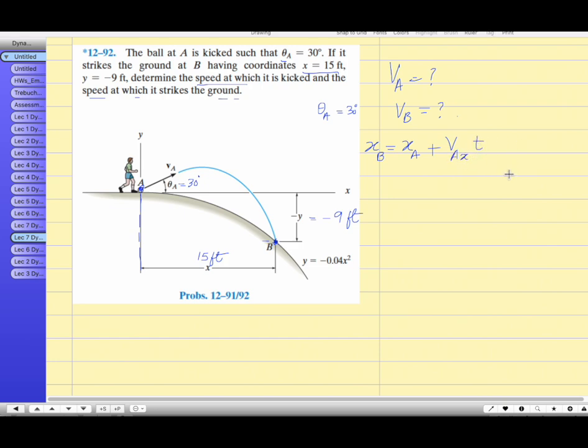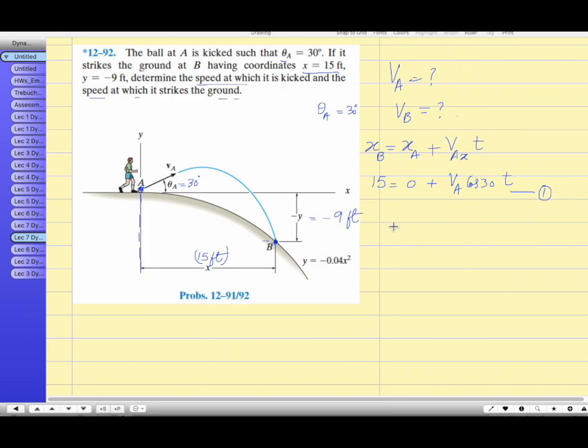We are not given the time t, but it's okay. We can find another equation to help us find the time t. But the left hand side, look, is 15 feet. Agreed? And then the right hand side, xA is 0 plus VA cosine 30 times t. So we have two unknowns, one equation, but we can find the second unknown from the second equation.